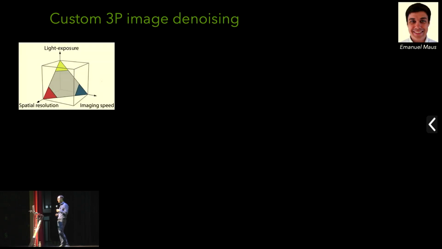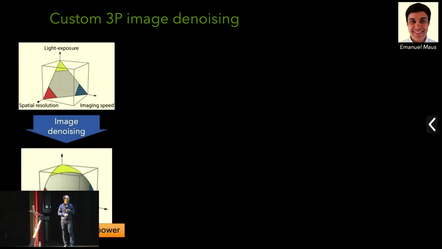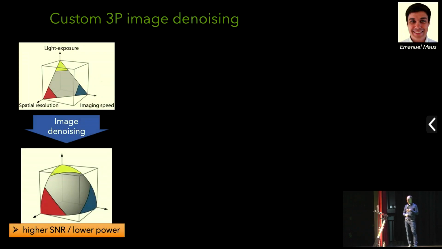To tackle that challenge, we turned to image denoising, which is a technique that allows you to make the best out of your photon budget and improve the image quality, and therefore enhance the ability to analyze the images, or to turn it around, use lower power to obtain the same image quality.